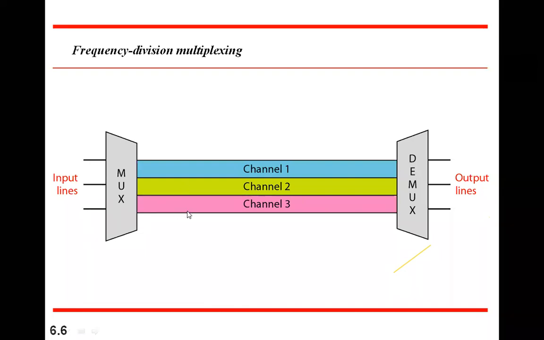So when you divide the bandwidth, each one gets only some part of the capacity to transmit data. I mean, if a 30 megahertz channel can transmit 30 Mbps, let's say for example, then a 10 megahertz channel can transmit only 10 Mbps. So each one is getting a part of it, and they will not be able to achieve the full rate.